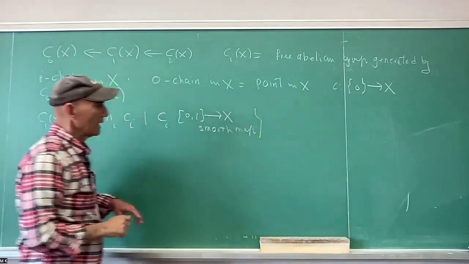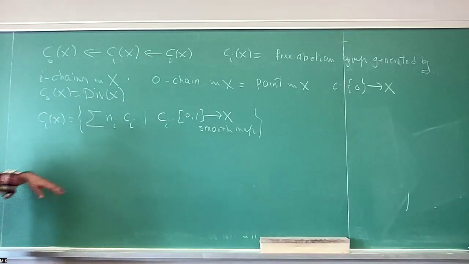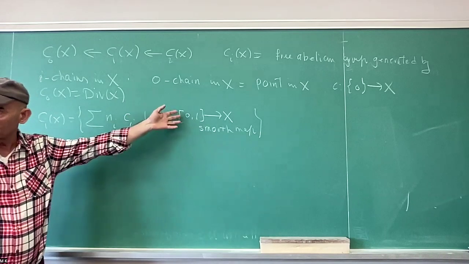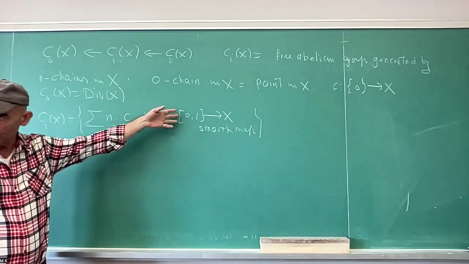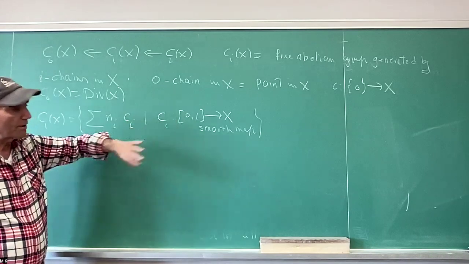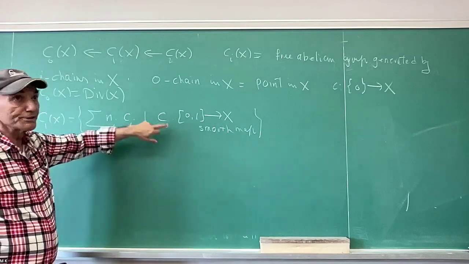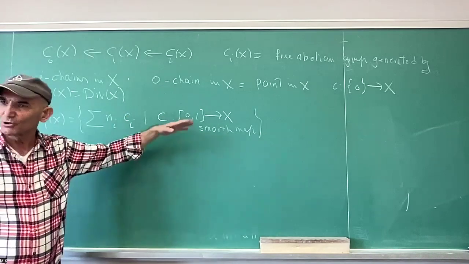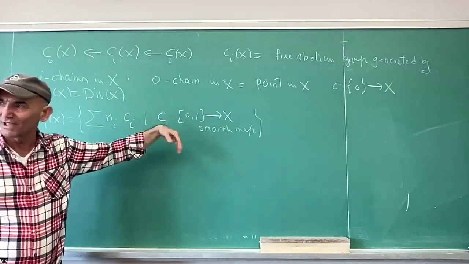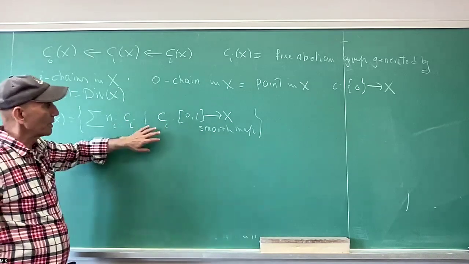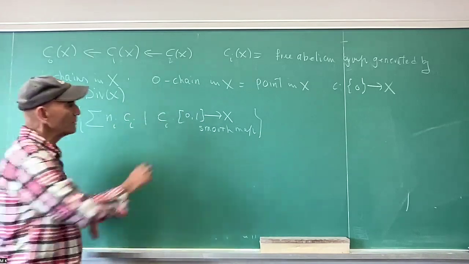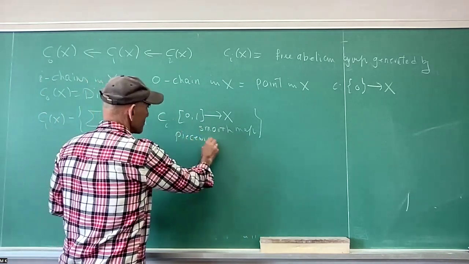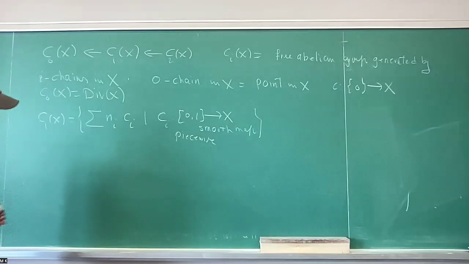When you learn algebraic topology, they tell you these are continuous maps because you want to work over any topological space. But if you are over a smooth manifold and restrict to smooth maps, the two theories are the same. You can show that either continuous or smooth gives you the same result. So this was smooth maps.